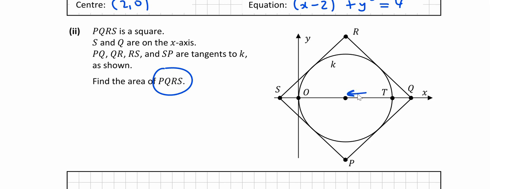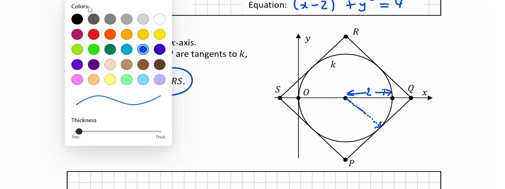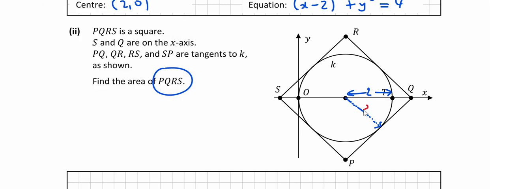Well, you do know that the radius from here to here is 2, okay? And now, like switching the dial on a watch, that must mean that the radius from here to here is 2 also, because the radius is the same.